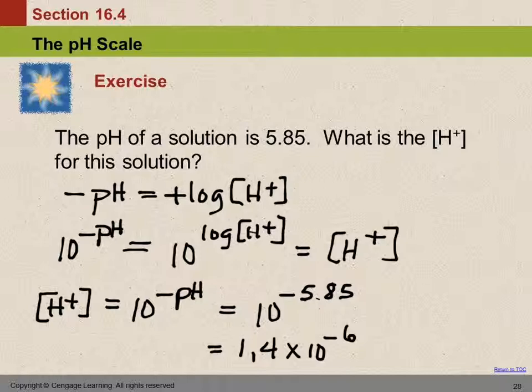On other calculators, you may need to press the 10 to the x button first, and then negative 5.85, and then press the equals. You should come up with the same number. I rounded this to 2 significant digits because there's 2 significant digits in the pH.